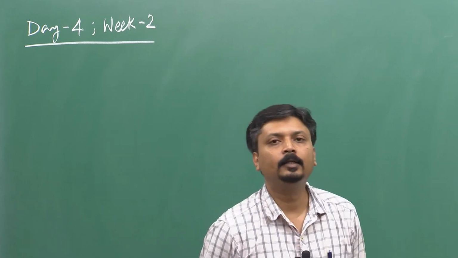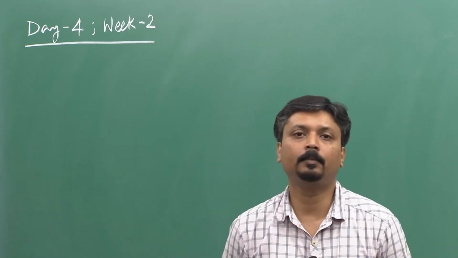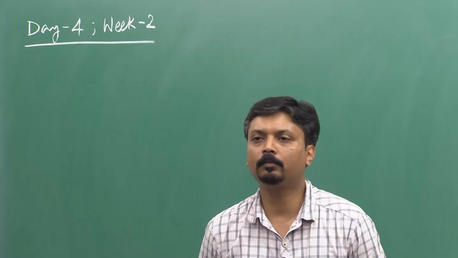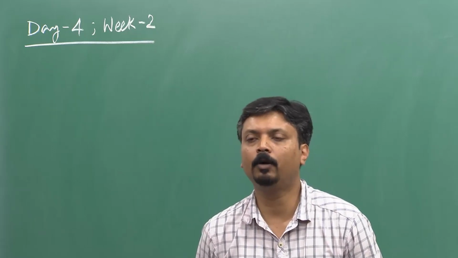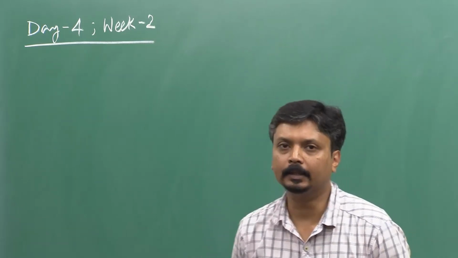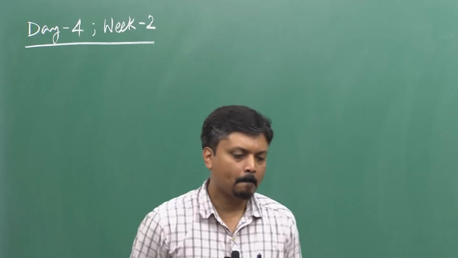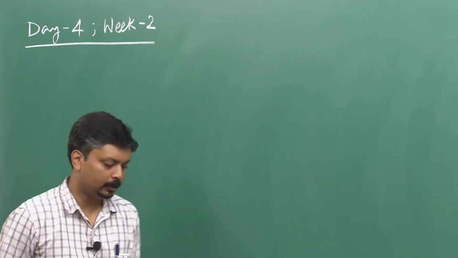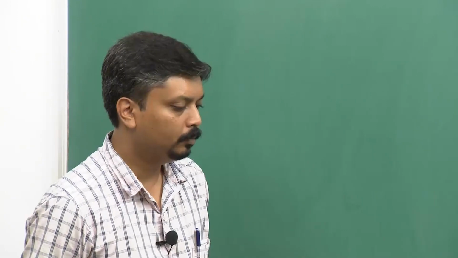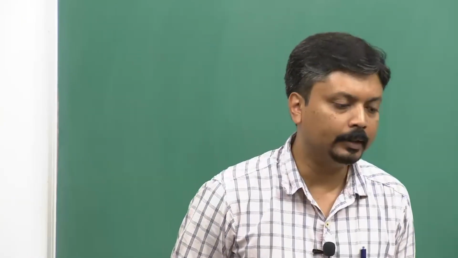So, we started looking at the practical issues that involve the construction of a laser. In the last class we said that there are certain requirements for making or constructing a laser. So, what are those things that we need in order to construct a laser?